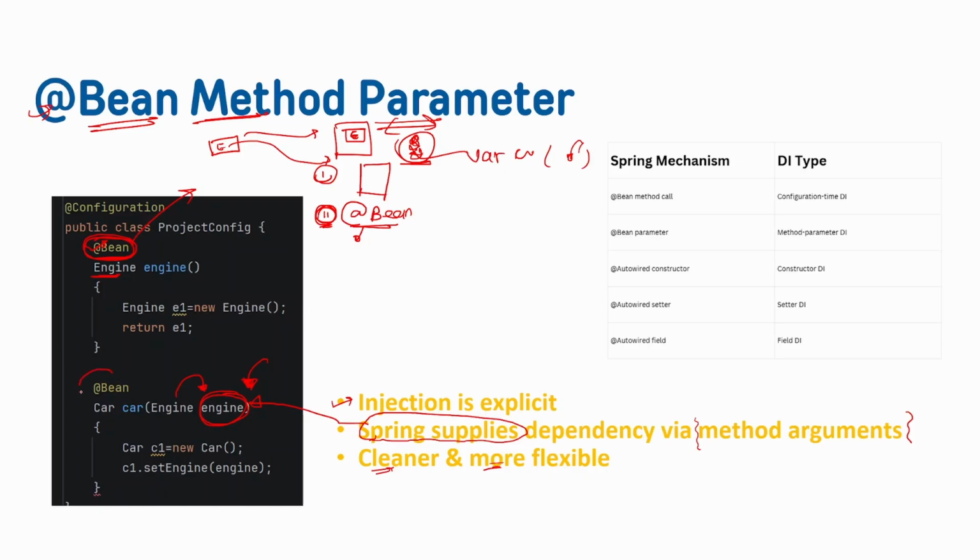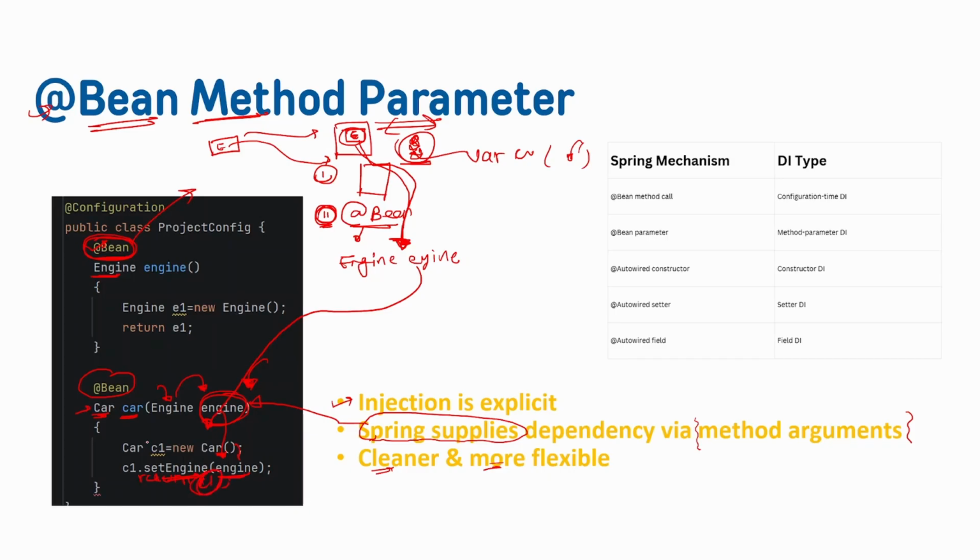Second, now Spring comes here and sees that there is a class car, and in the method argument it sees that there is one dependency, the engine. So Spring injects the dependency from the Spring context into this parameter. Then it creates the new instance, we set the dependency using the setter method, and we return c1.